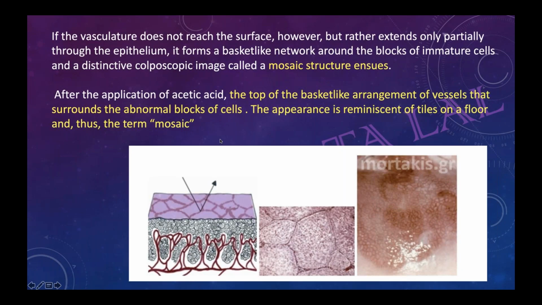Now sometimes these capillaries are not able to reach the surface. Because they are not able to reach it, when we apply acetic acid, it gives this picture where the capillaries are surrounding some blocks of cells. This block type of picture on application of acetic acid we call a mosaic pattern.